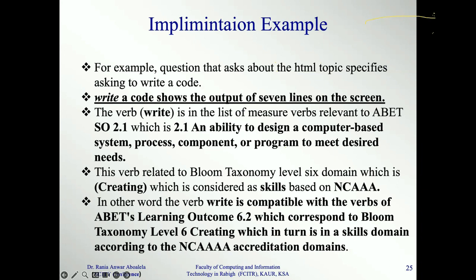This verb is related to Bloom taxonomy level 6, which is creating, which is considered a skills domain based on NCAAA. So it's in the skills domain in NCAAA and the creating level in Bloom taxonomy. In other words, the verb write is compatible with the verb of ABET learning outcome 6.2, which corresponds to Bloom taxonomy level 6 creating, which is a term of the skill domain according to NCAAA accreditation domains.